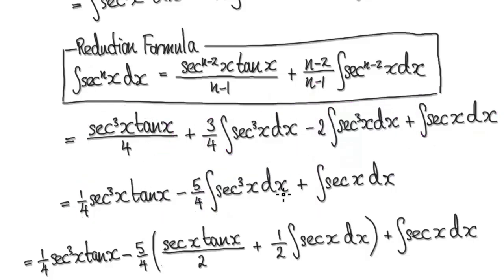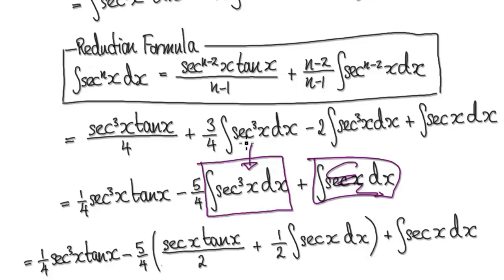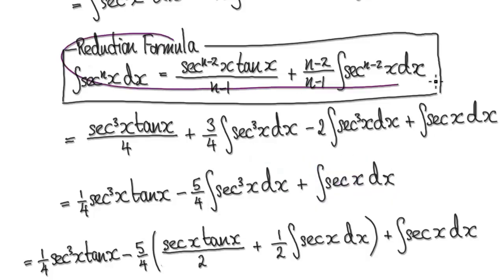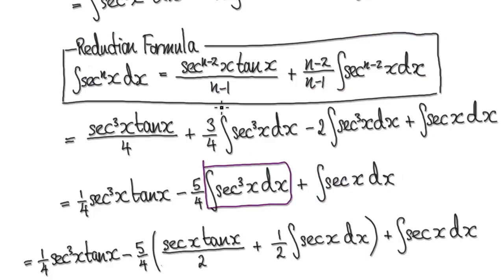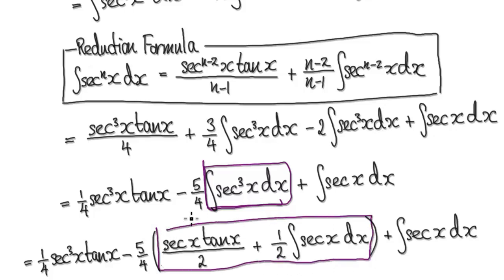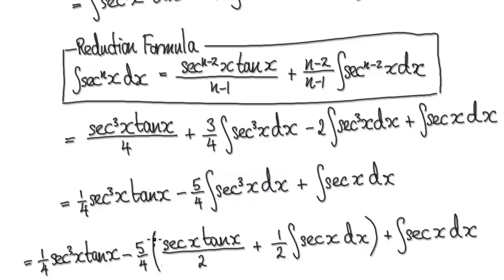And then now, looking at this, we can now use the reduction formula on this. We will sort this out later on. So let's use this reduction formula on this bit only. Using the reduction formula on this will then give you this thing here. And then now we can tidy this up.